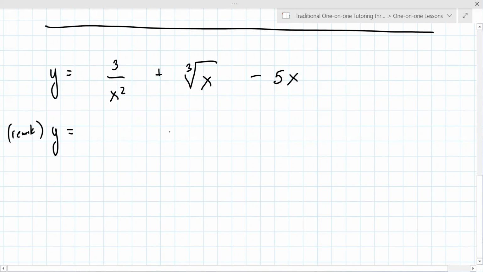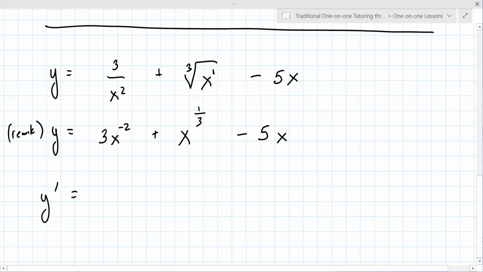So either write it down or tell me. 3x to the power of negative 2. Yes. Negative 2. It's really a 1 there, by the way. x to the power of 1 over 3. Yep. Good.